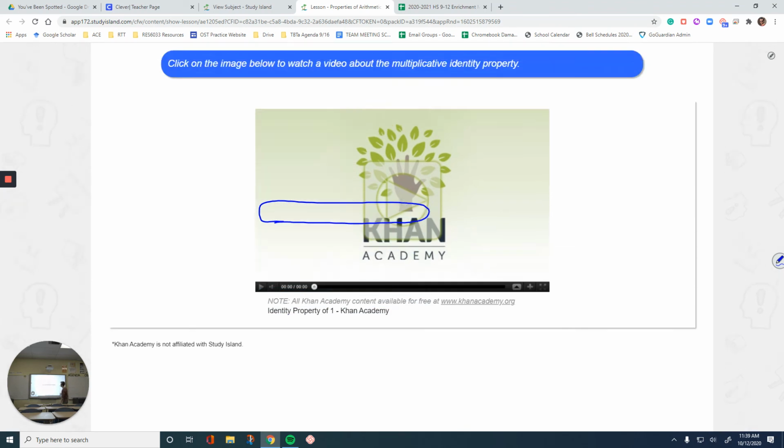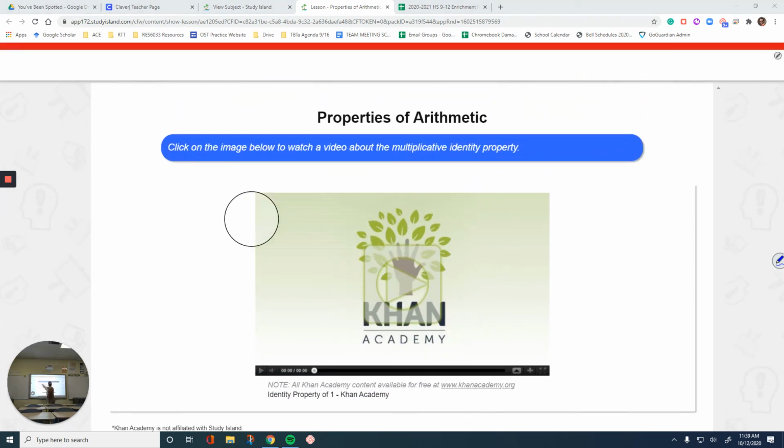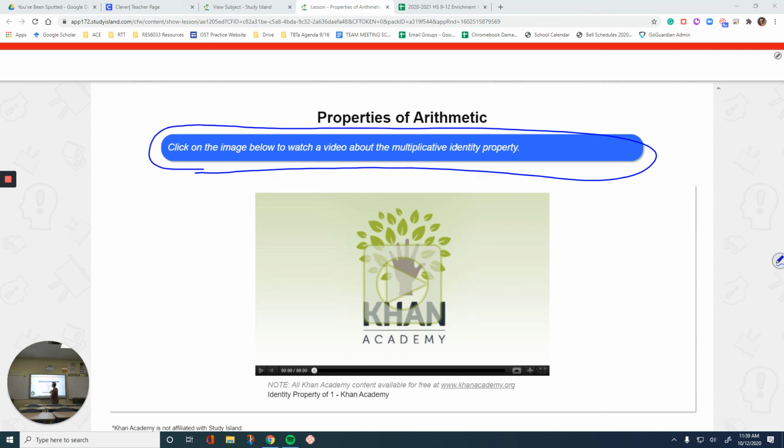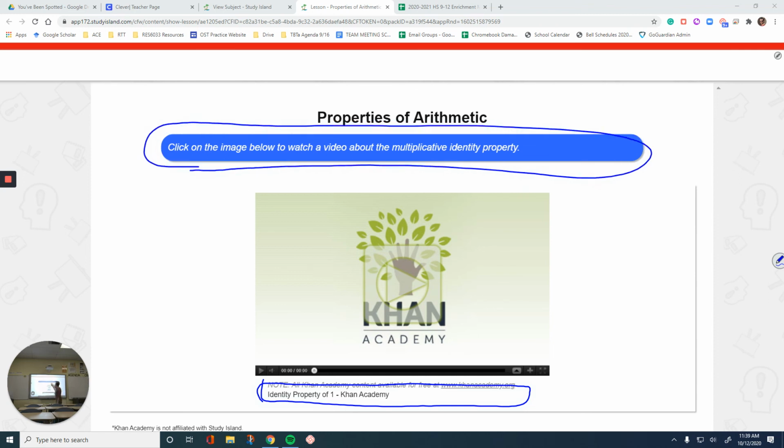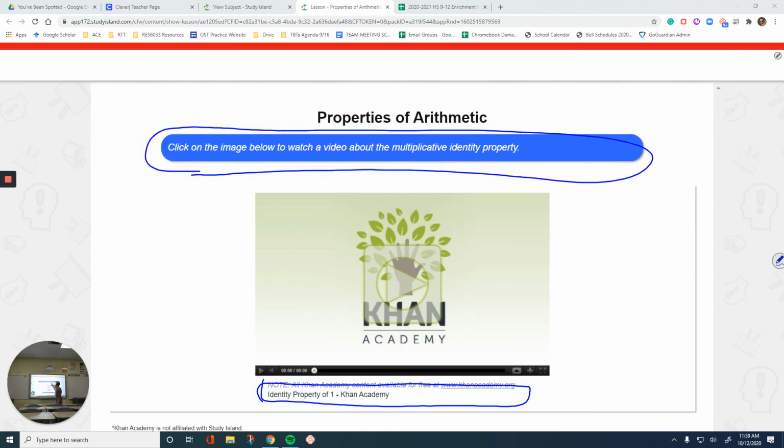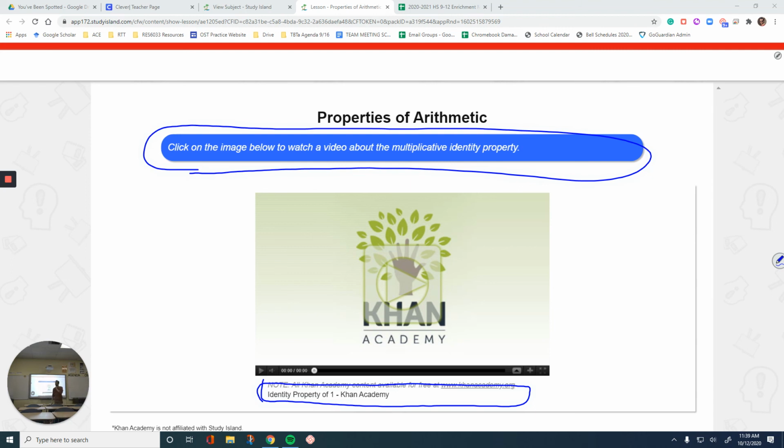Also, over here, it tells you what it is about from Study Island's perspective. This definition comes from the video itself. It's the title of the video, Identity Property, and it tells you what identity property it is specifically about. It is about multiplicative identity, not additive identity. So if you need extra help, watch those videos first, since they're going to give you more examples.